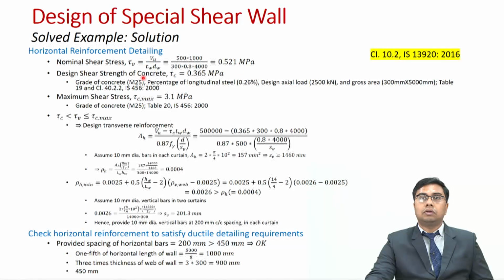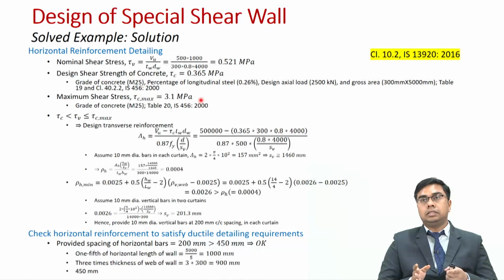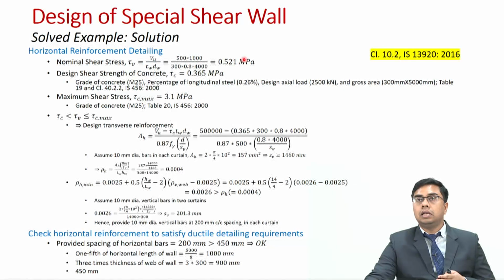Now, the design strength of concrete estimated from table number 19 and clause 40.2.2 of IS 456, the value of tau C is 0.365 megapascal. Further, based on table 20 of IS 456 2000, the value of maximum shear stress tau C max is found to be 3.1 megapascal. Now, the value of nominal shear stress, that is 0.521 megapascal, lies between tau C and tau C max.